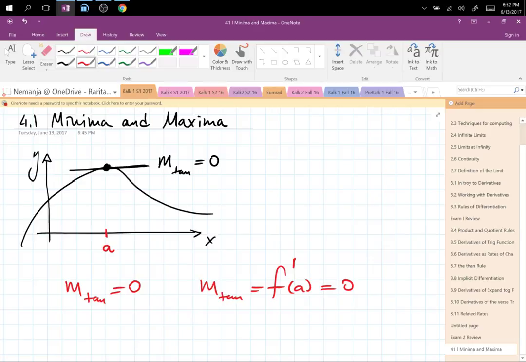So now if I give you a function, all you do is you find the derivative and then set that derivative equal to 0 to find the values where the function will have these things.